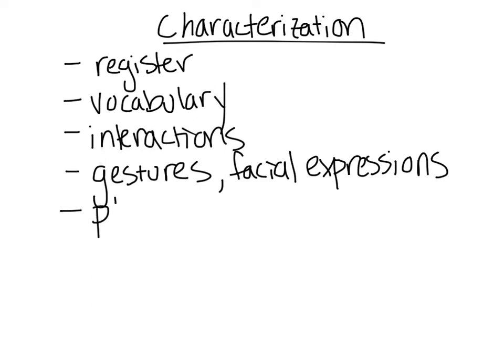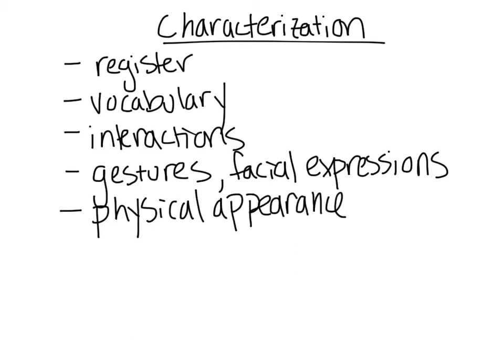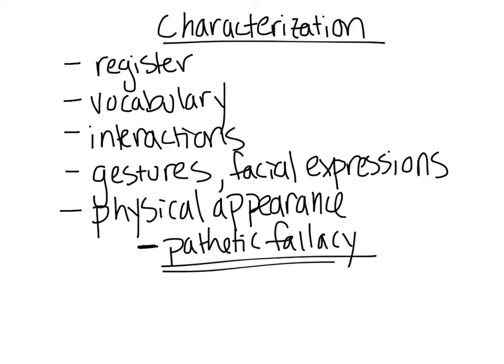You can use their physical appearance. Oftentimes, the character's physical appearance is used to reflect their inner feelings as well. In fact, there's a device called a pathetic fallacy, which is when you use the external world, the environment around the characters, to express the inner feelings of the characters.